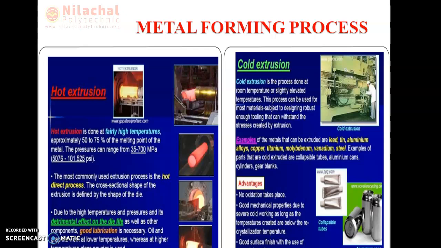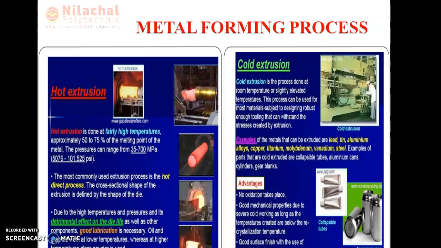Then we discuss the cold extrusion process. As we already discussed, in cold extrusion we directly put the billet in without heating. Cold extrusion is done at room temperature or slightly elevated temperature. This process can be used for most materials, provided the tooling is robust enough to withstand the stress created by the extrusion.